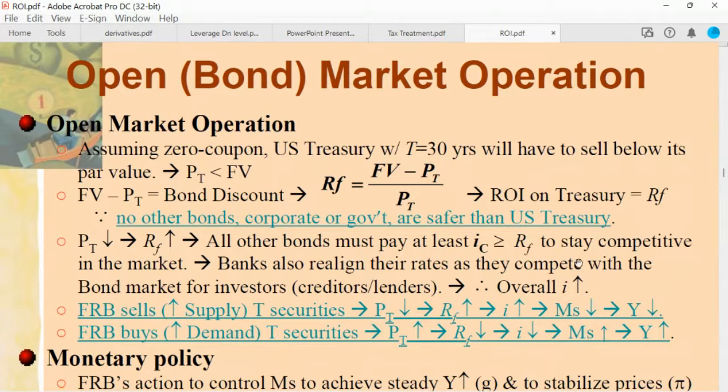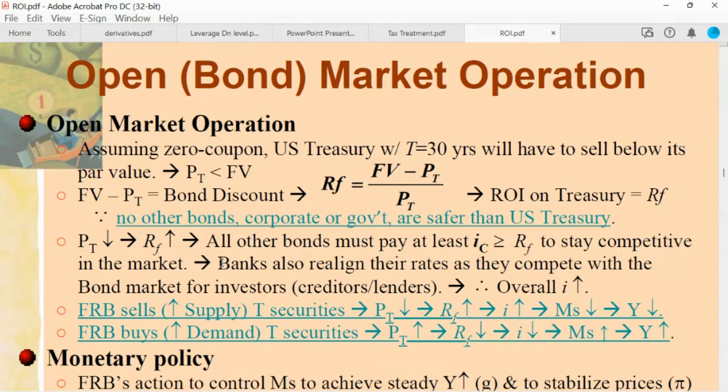Who's going to buy corporate bonds when the safest borrower is paying a higher return? So all other bonds must pay a coupon rate at least equal to or higher than the risk-free return. And so the overall return in the bond market goes up.